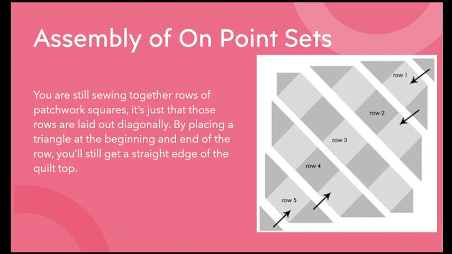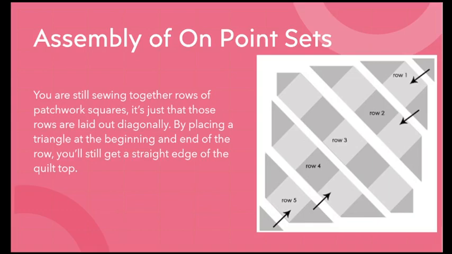Sometimes I would lay my entire quilt out, because if you try to piece an on-point quilt without laying it out, you can easily get these corner triangles and setting triangles going the wrong direction. So it is helpful to lay it out so that you know which row is your center row.